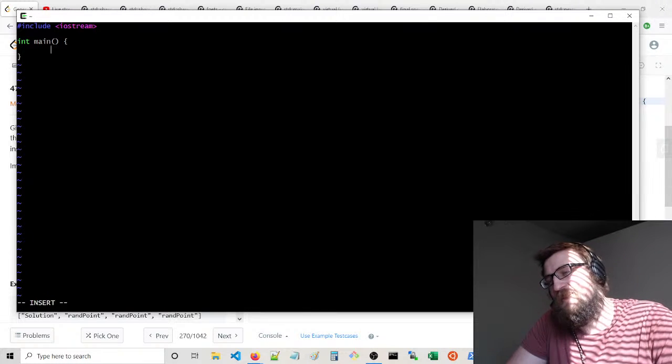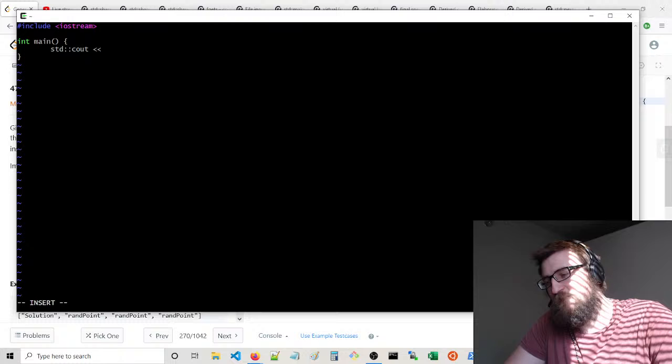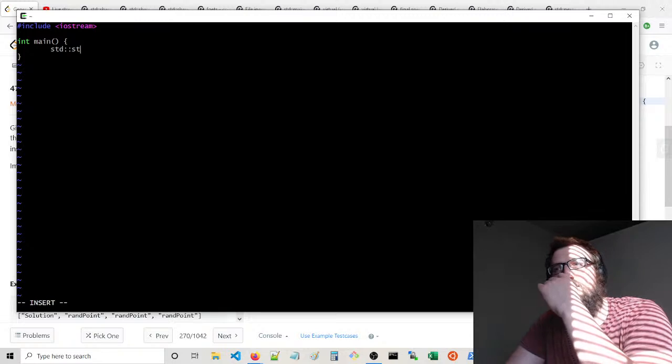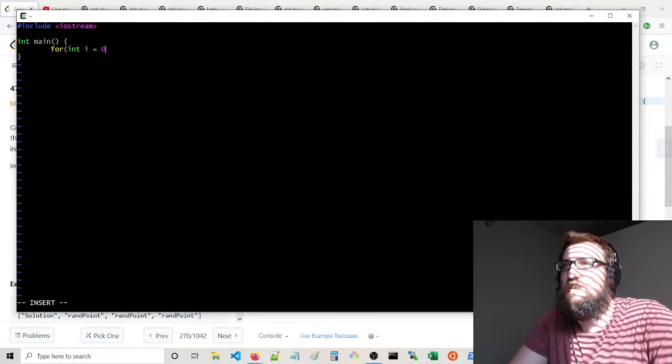Standard cout. It's going to be super simple. Well, let's do it this way. String s. No, let's just print it out. So for int i = 0, i.